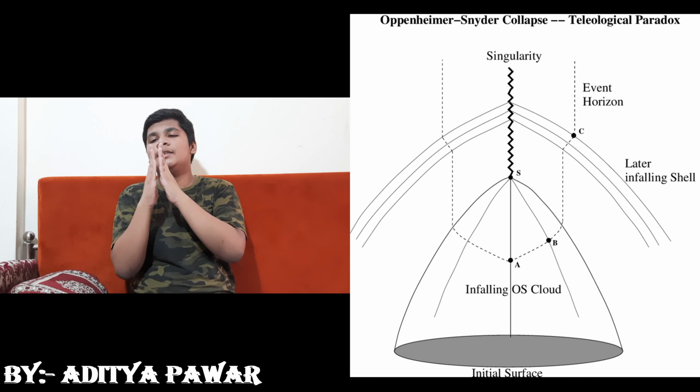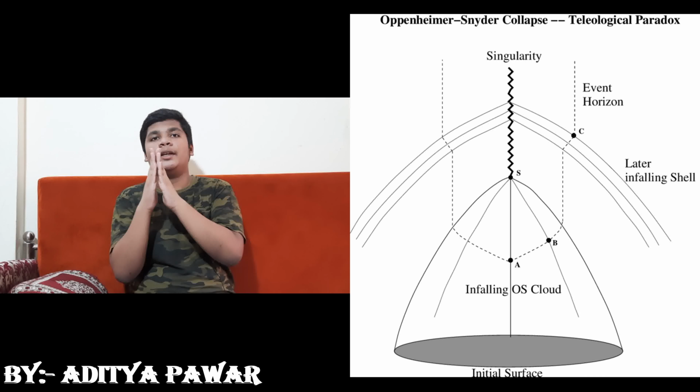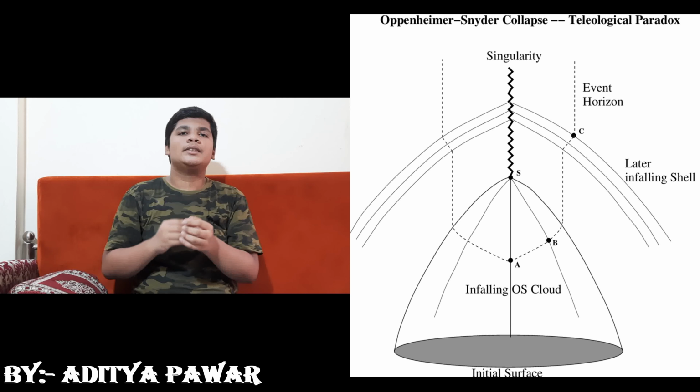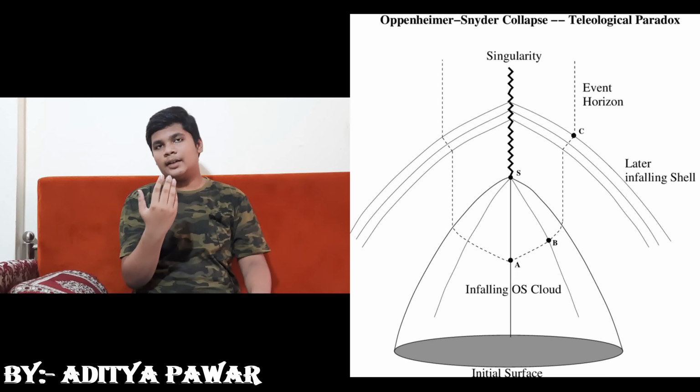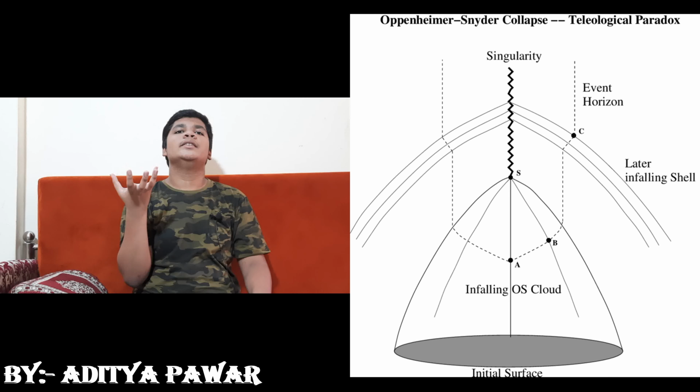But in these 5 or 10 seconds, the black hole also emits gamma rays or radiation, and its angular momentum increases.